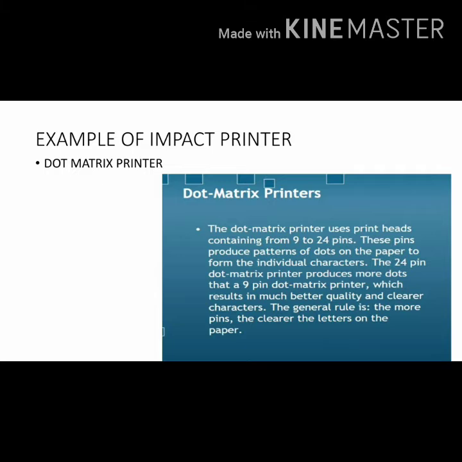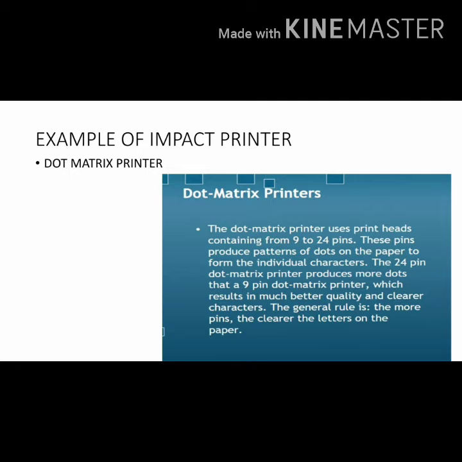The pins strike the ribbon individually as the print mechanism moves across the entire print line in both directions, that is from left to right, then right to left, and so on. You can hear one smooth sound when this dot matrix printer works. The user can produce a color output with a dot matrix printer.